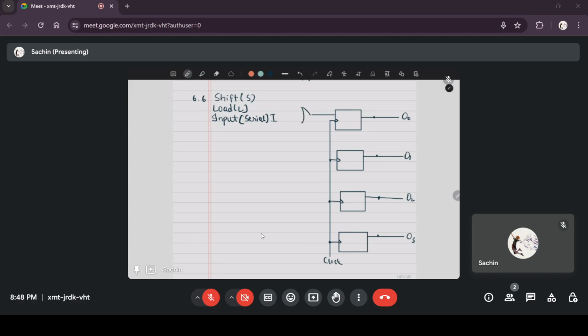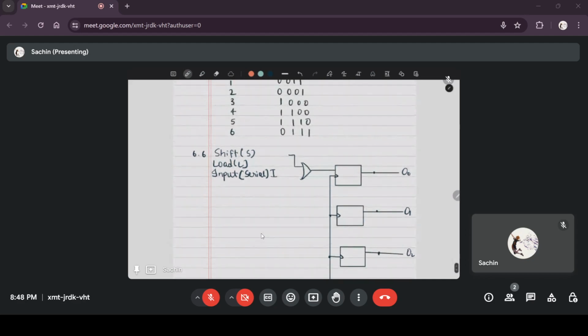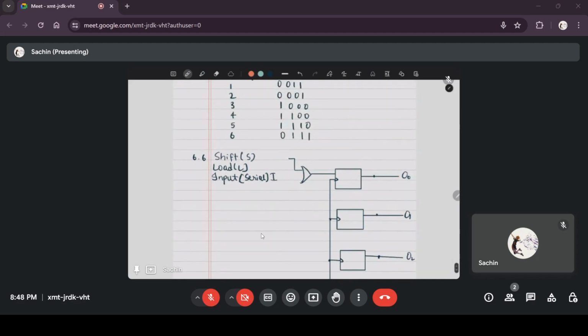I take the OR of the terms. If shift and load are 0 0, then I have to preserve the state, so it's S bar L bar O 0.